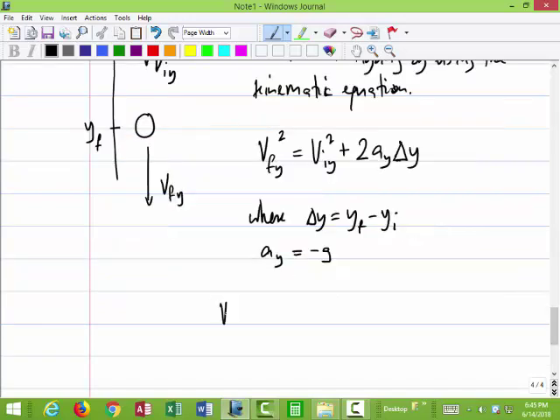So our formula v_fy squared becomes v_iy squared minus 2g(y_f minus y_i).